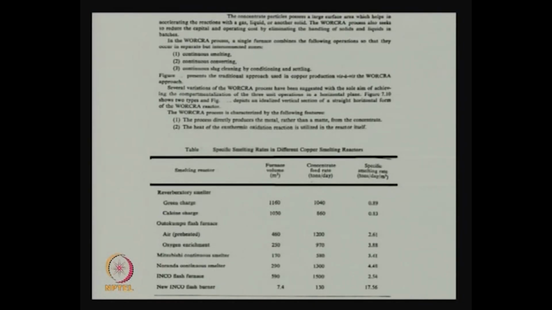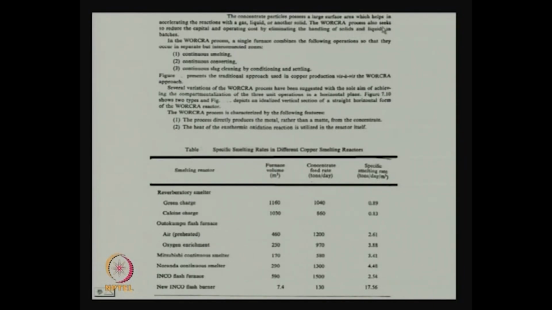Now, let me read out one or two things here. The concentrate particles possess a large surface area which helps in accelerating reactions with a gas, liquid or another solid.